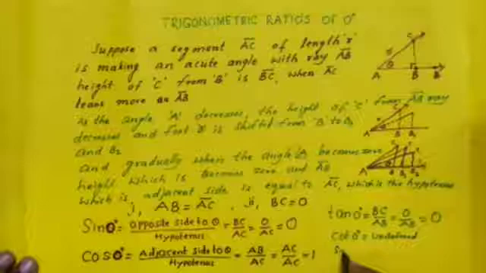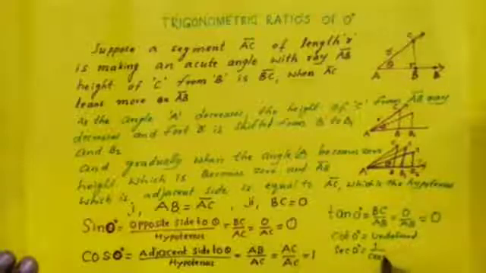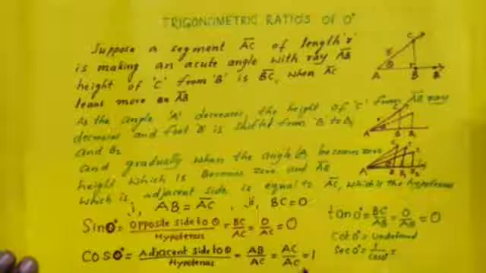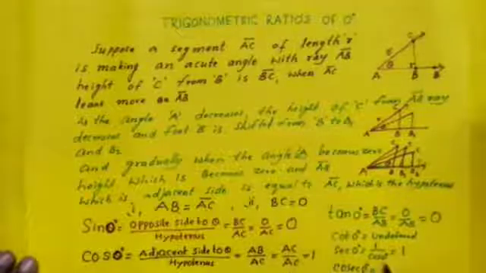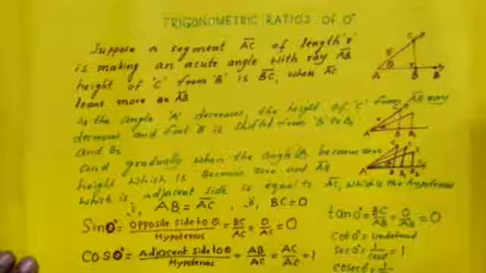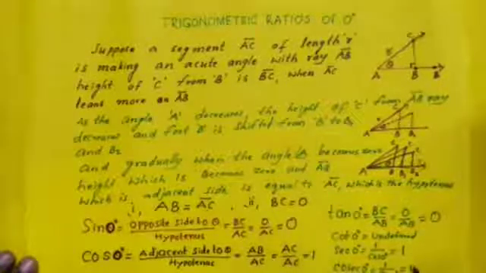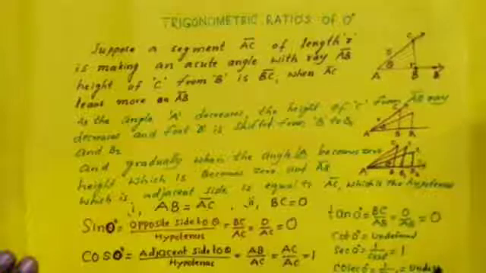Next, sec 0 is 1 by cos 0. 1 by cos 0 means AC's reciprocal is AC, which is 1 only. Cosec 0 degree is 1 by sine 0 degree, reversed 1 by 0, it is undefined. Is it clear now?